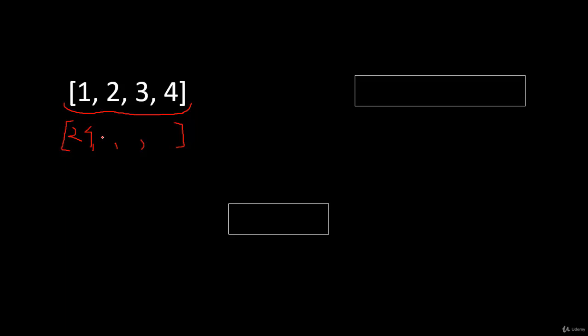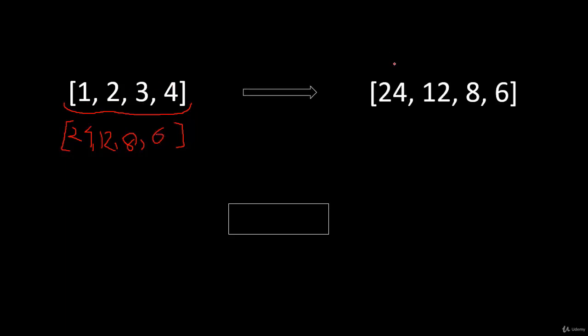Now at the index 1 we should have 4 times 3 times 1 equals 12, right? And at the index 2 we should have 4 times 2 times 1 equals 8. And now at the index 3 we should have 3 times 2 times 1 equals 6. For this array we should return this array, right?